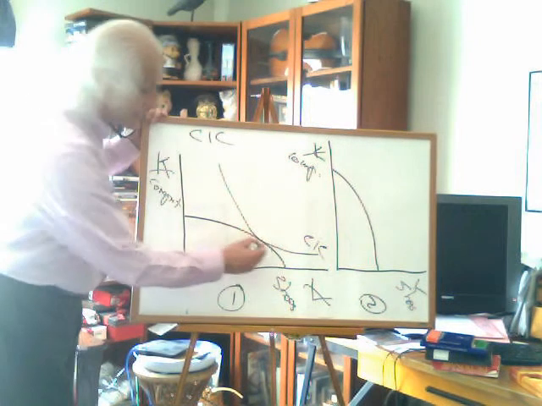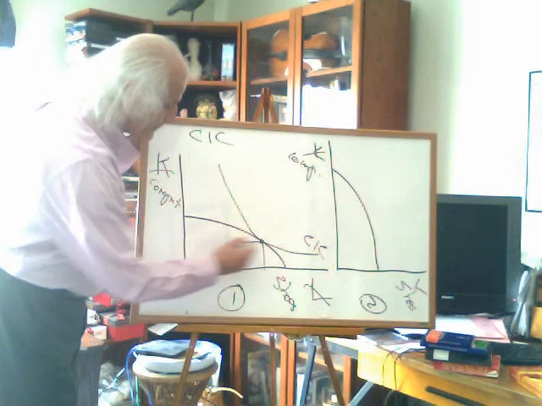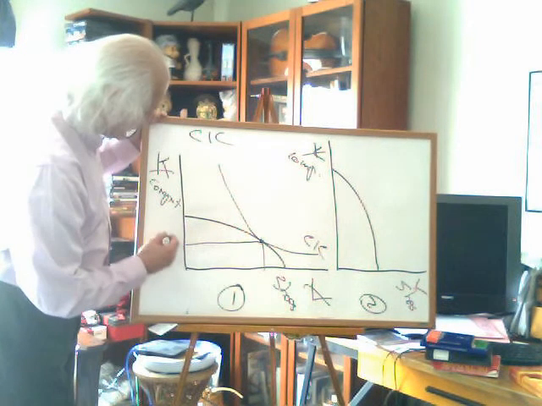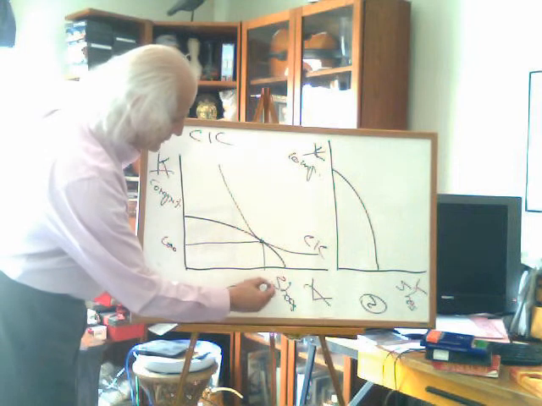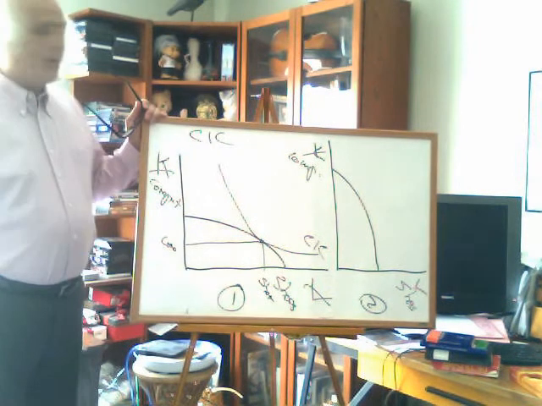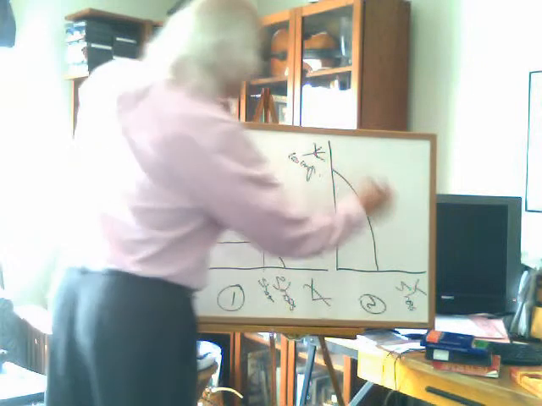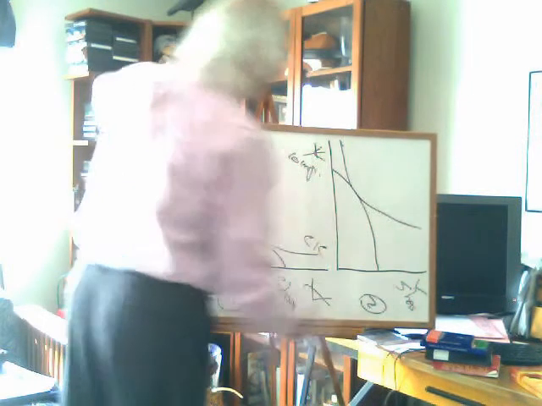So what's happened to this society? This society is going to be producing this much of the computers and this much of the shoes. While this society, let's assume again for the sake of the argument, is going to be right over here.